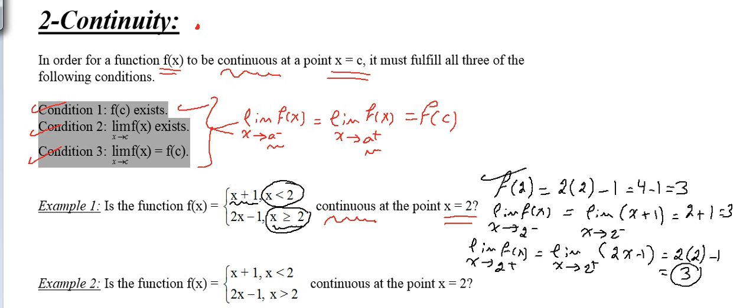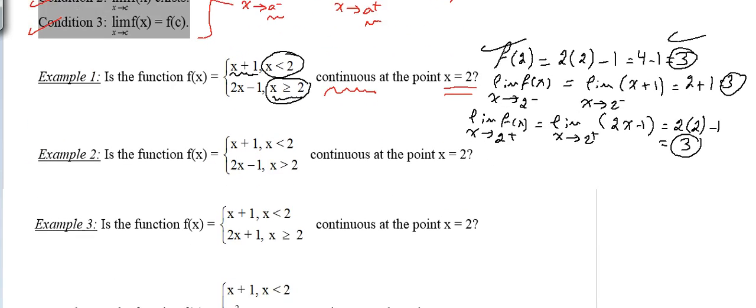Now the first condition exists, the second condition exists, and the third condition exists, because when x approaches 2 from the right and from the left, at 2 plus and 2 minus, both equal f of c. So is the function f of x continuous at x equals 2?